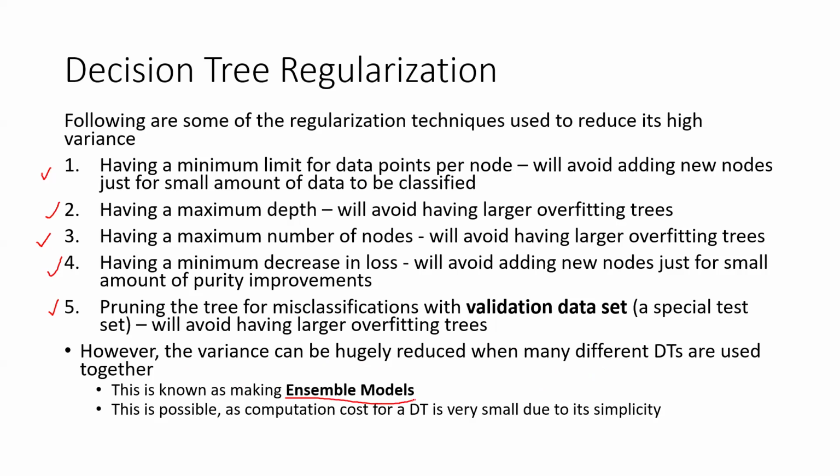When it comes to ensemble models, ensemble models are models that can have many of the same machine learning algorithm and have a much higher level of performance, right? When it comes to ensemble models, decision trees are generally used because decision trees are computationally cheaper compared to other machine learning models, right?